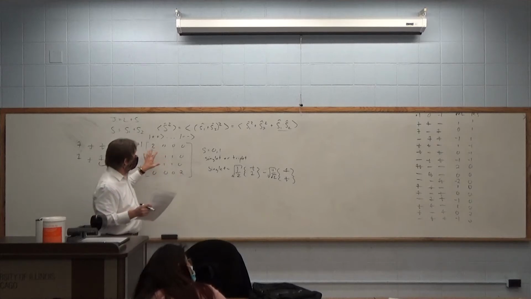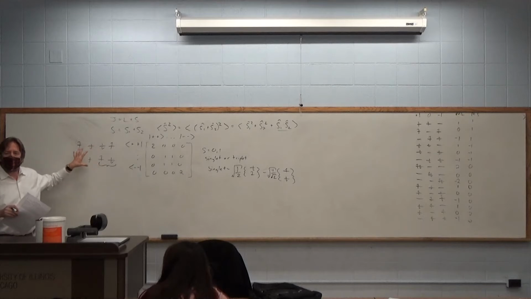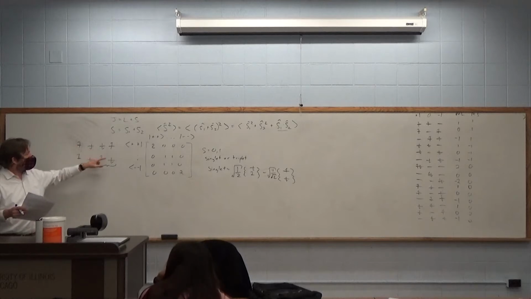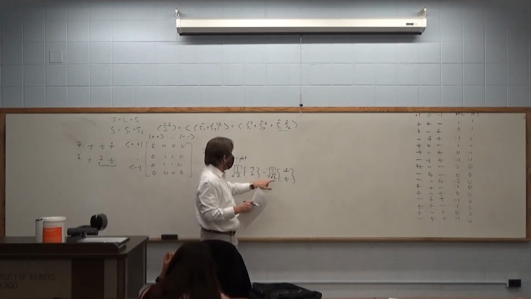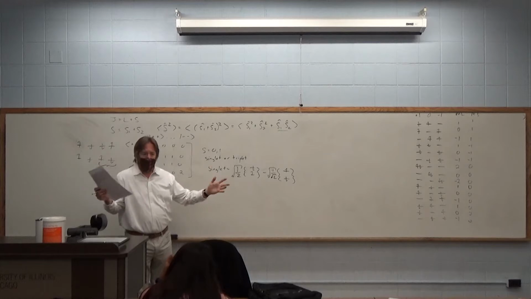But the answer is that this representation is what you understand. It's not what nature understands. It's not what a Hamiltonian understands. So these are not eigenstates of the Hamiltonian, and when you do it properly, you find that it's a linear combination of up down and down up. Oddly, they subtract; I would have thought they would add.